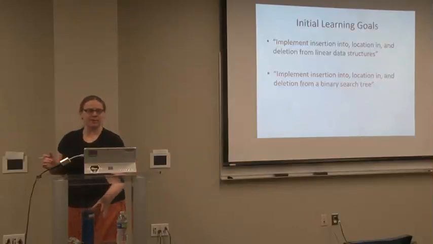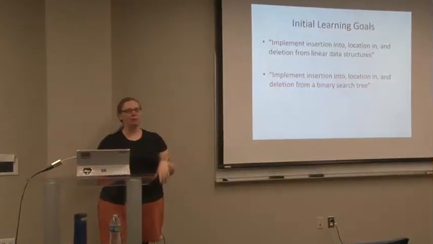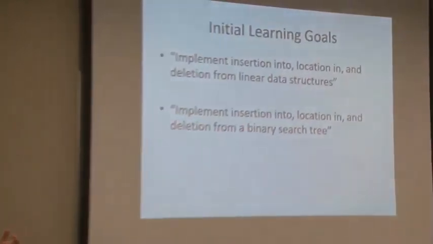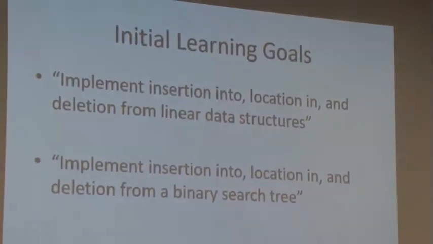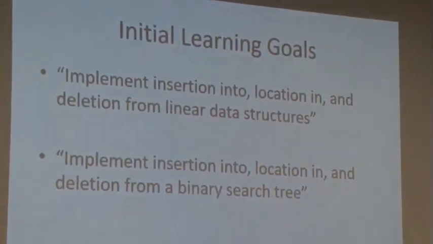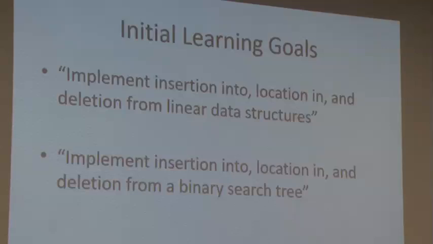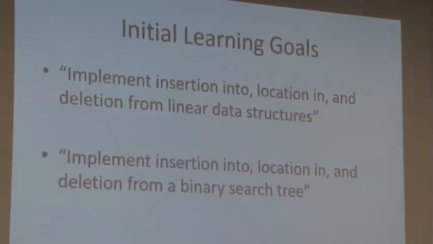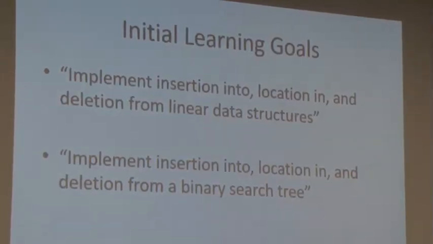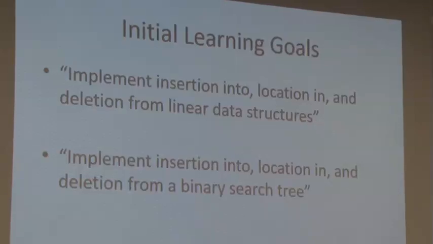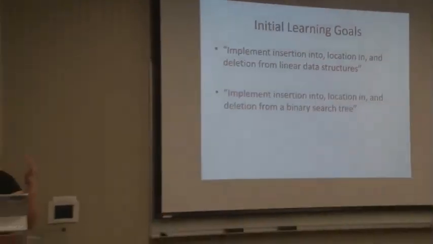So one thing we saw when we just told people, okay, what are your learning goals for CS2? In our initial set of learning goals, we had a lot of pairs of learning goals that looked something like this. Like we'd have, okay, I want my students to be able to implement insertion in a list, and I want them to be able to implement insertion in a binary search tree, and I want them to implement insertion in a queue or a stack, right?